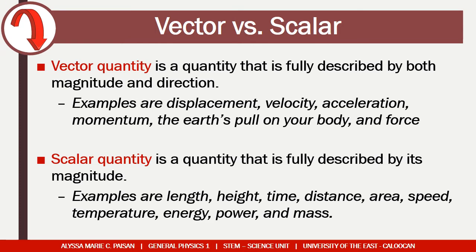So the magnitude of displacement is equivalent to distance. Another one, the scalar quantity speed is equivalent to the vector quantity velocity, meaning velocity is just speed with direction. So the magnitude of the vector quantity velocity is actually the speed. More of that as we move on to our lessons in physics.